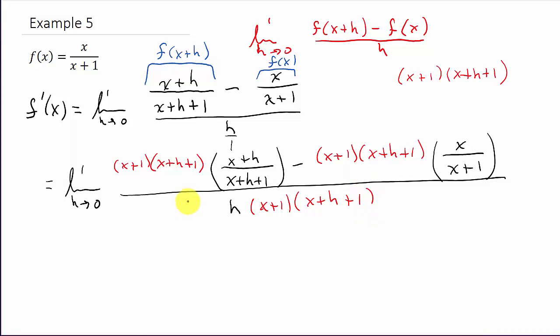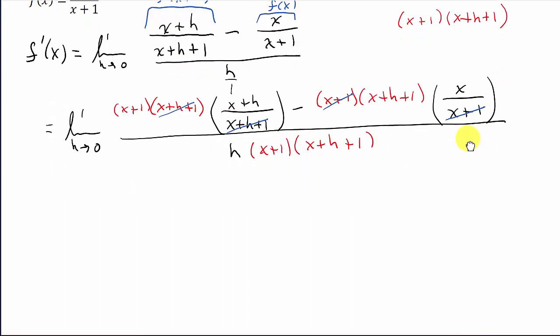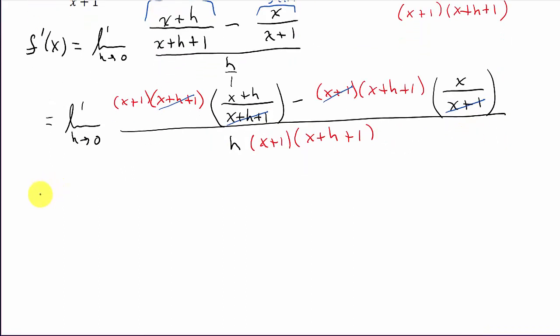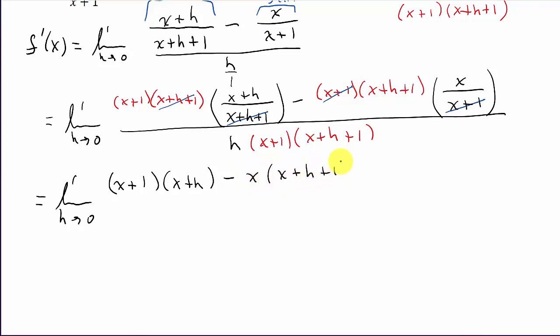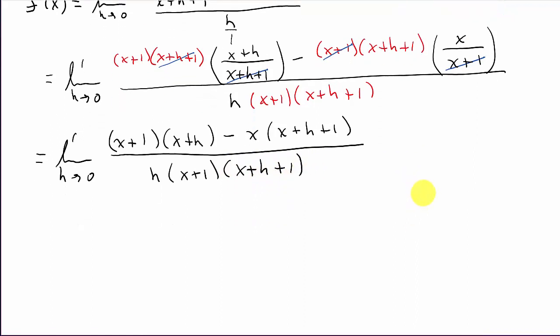Alright, so we can see here this term and this term will cancel, and then the x plus 1's will cancel. So let's see what that leaves us with. That's going to equal the limit as h goes to 0 of x plus 1 times x plus h, minus x times x plus h plus 1, all that over h times x plus 1 times x plus h plus 1.